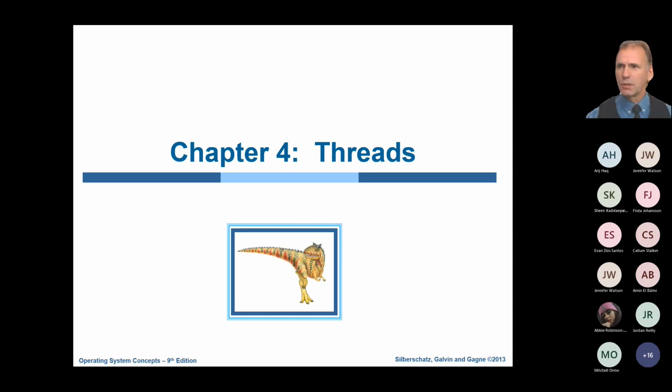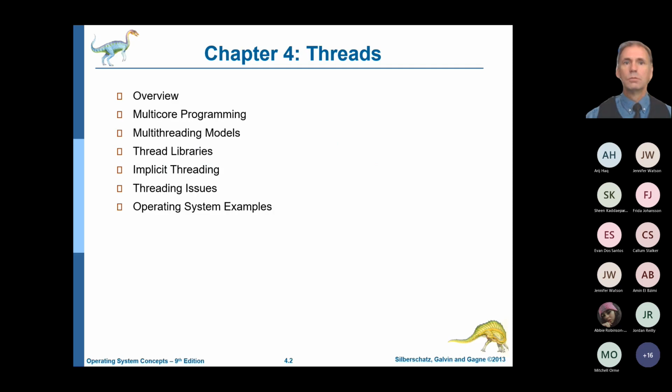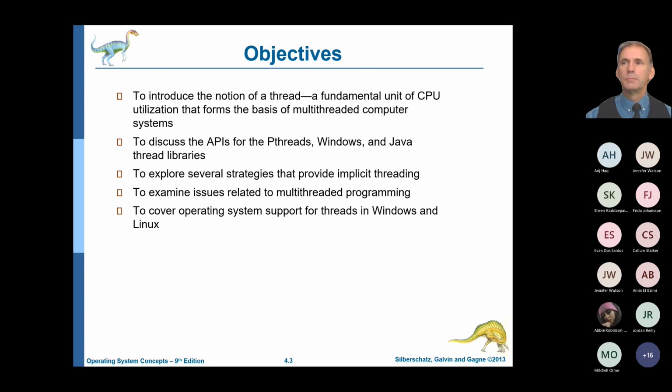Examples are image manipulation, looking at network traffic, or I/O queries in general. These are all things that we can send out to threads. As with other things, different operating systems have similar ideas but implement them in different ways.